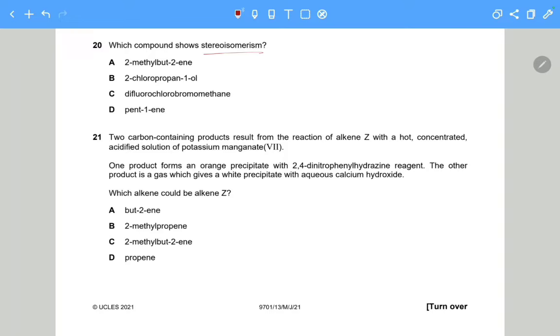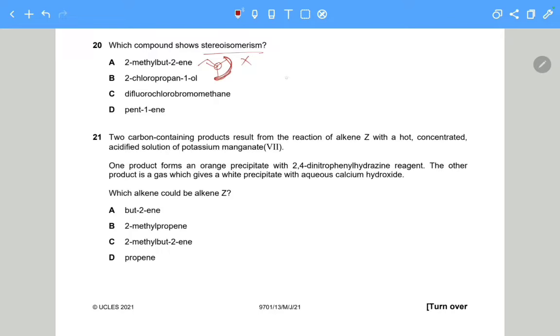In these types of questions, always draw out the skeletal or structural formula, and that will make your life easier. 2-methyl-butene will be something like this compound, and this will not show stereoisomerism because we have two of the same groups connected to this carbon, and therefore there will be no geometrical isomerism, and there is no chiral center, so no optical isomerism. So this cannot be the answer.